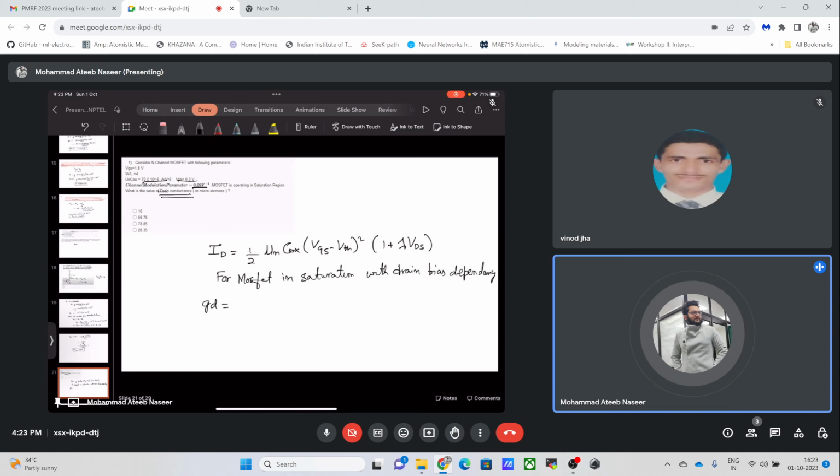So this gd is simply the rate of change of the drain current with respect to the drain to source bias. So this is the drain conductance.